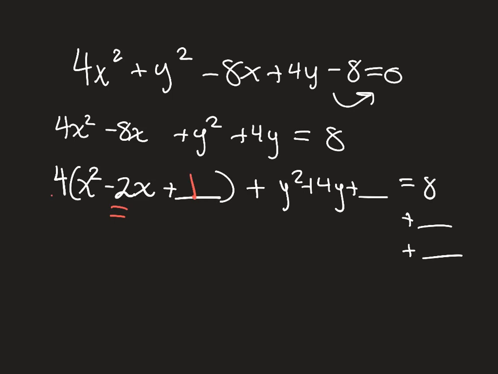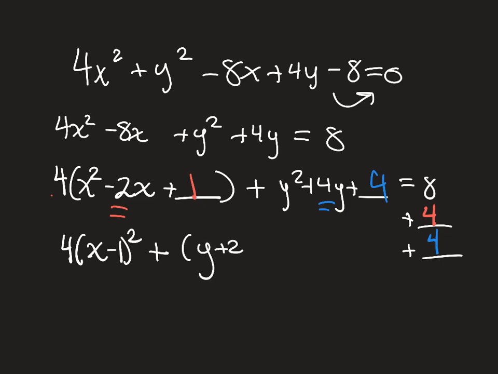So 4 times 1 is a 4. On the y stuff, I don't have anything to balance. 4 divided by 2 is 2. 2 squared is 4. And then this becomes another 4 that I added. So my right side is going to be 16. And then it factors into x minus 1 squared plus y plus 2 squared equals 16.